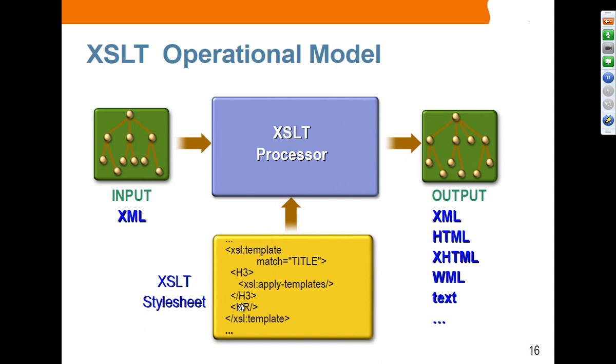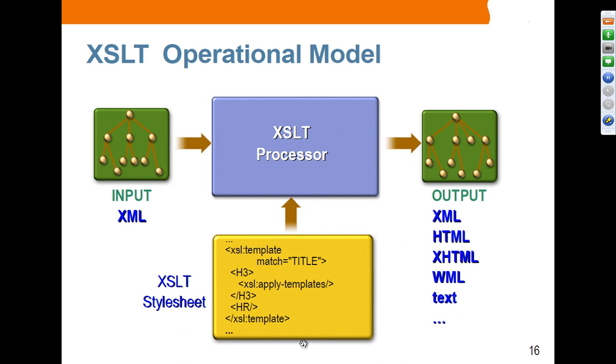Then another piece that needs to be fed to the XSLT processor is the XSLT style sheet. This style sheet provides instruction for the XSLT processor regarding how to transform this input document to this output document. The input document is always XML, and the output document could be XML, HTML, XHTML, WML, text, and things like that.